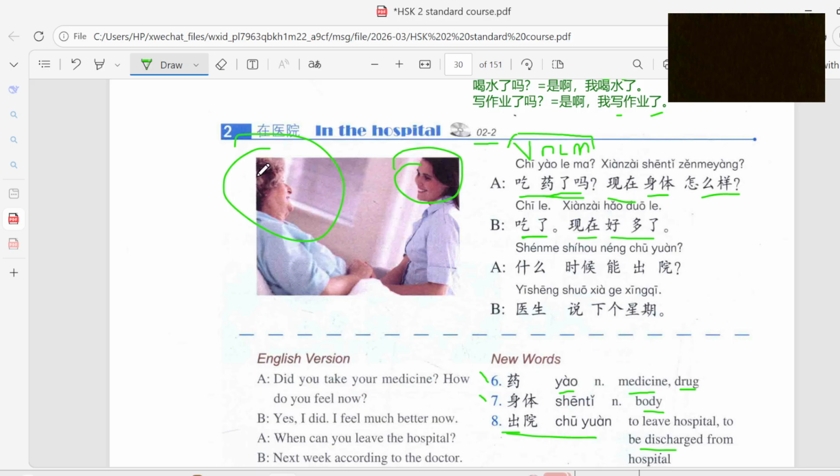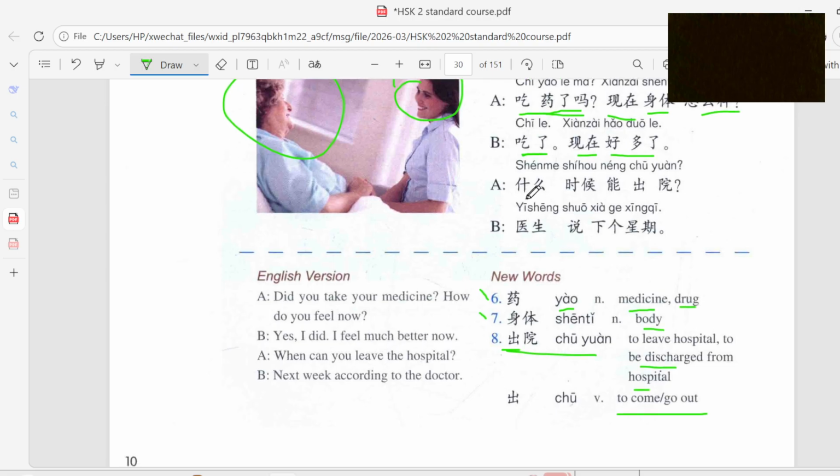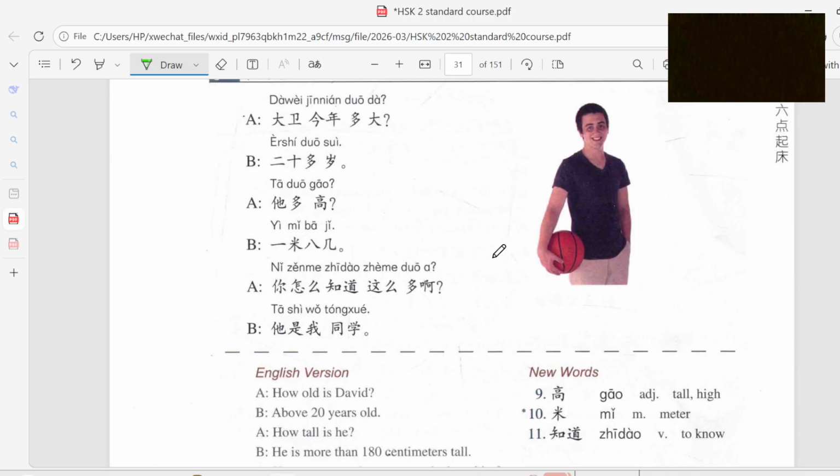Okay, she was sick and ill, but now she feels much better because she took medicine. 什么时候能出院？When can you leave the hospital? 医生说, the doctor says, 医生 doctor, 说 said, or according to the doctor, 下个星期 means next week. 出院, take note.